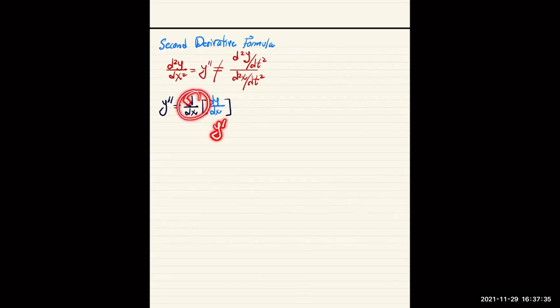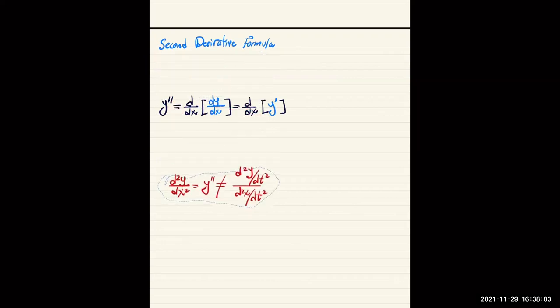Then you're taking the derivative of that with respect to x. Not t, with respect to x. So again, this is the derivative of y prime. Let me move that somewhere else for now.